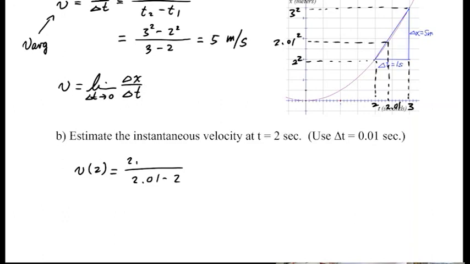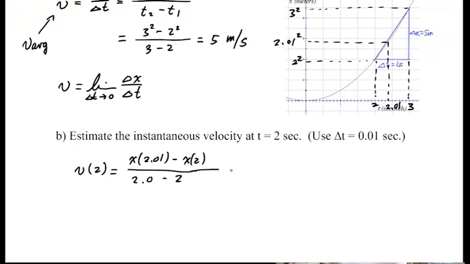I'm going to write it with a notation. It's frozen. It doesn't want to erase. Oh, now it erases everything. Isn't that nice? So I'm going to have this 2.01 minus 2. You get it?